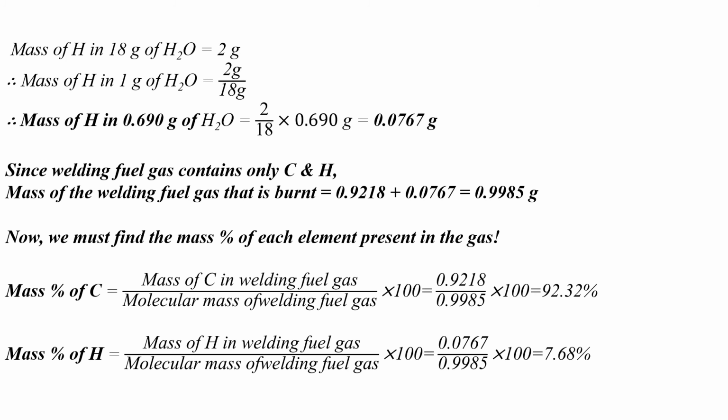So mass percentage of carbon is 92.32%. Mass percentage of hydrogen is equal to mass of hydrogen divided by mass of welding fuel gas into 100. So 0.0767 divided by 0.9985 into 100. That gives you an answer of 7.68%.